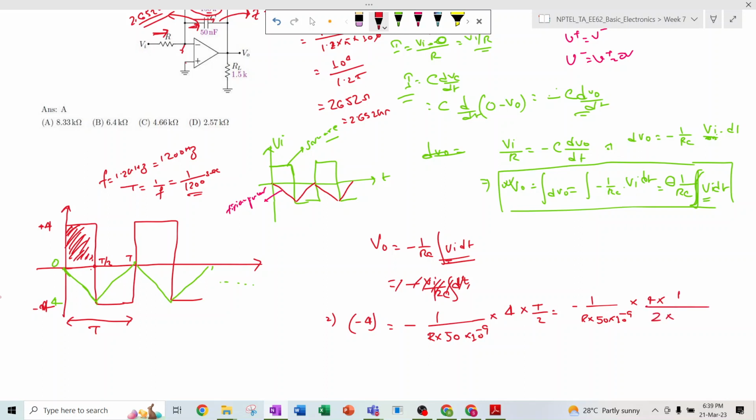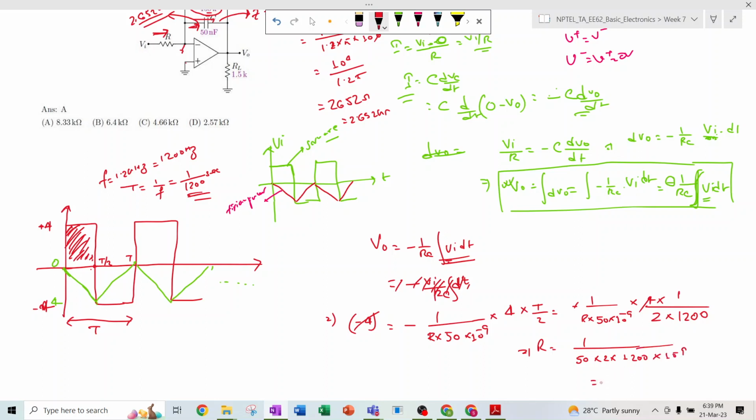We have already calculated, T is 1 by 1200, right? So it will be 1 divided by 1200. Now this minus 4 and this minus 4 will cancel out, so R will be 1 divided by 50 into 2 into 1200 into 10 to the power minus 9.